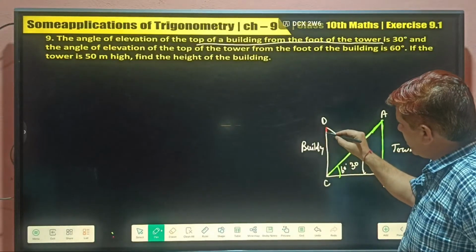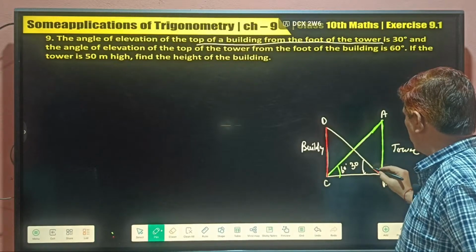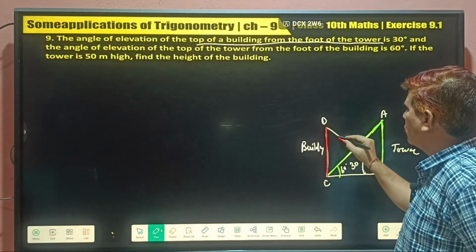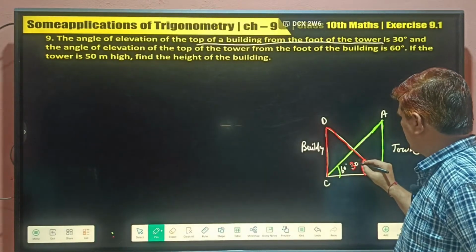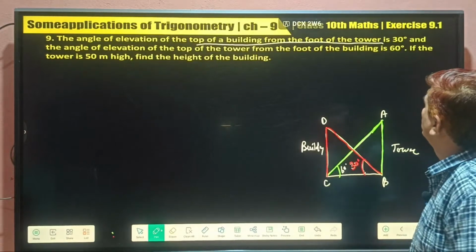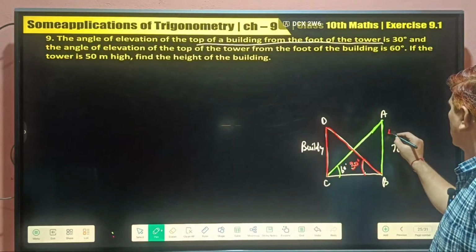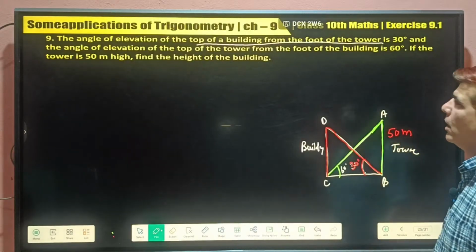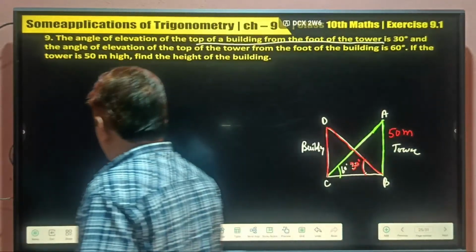This is the top of the building, and the angle of elevation from the foot of the tower is 30 degree. If the tower height is 50 meter, find the height of the building. Solution.